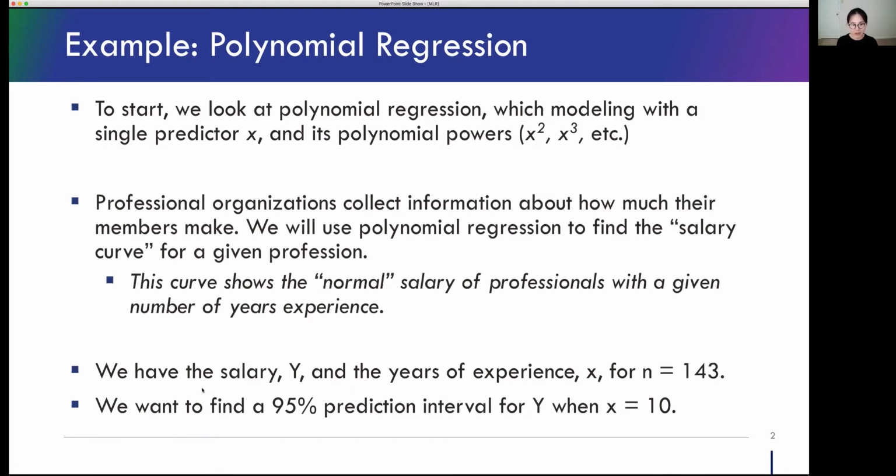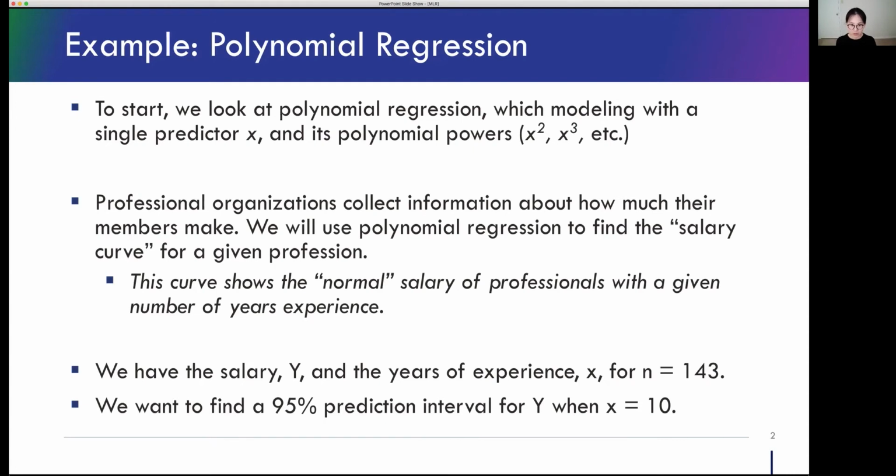So we have the salary value y and the years of experience being x, and we have a total of 143 data points. That's our sample size, and we want to find a 95% prediction interval for y when we're given x equal to 10.